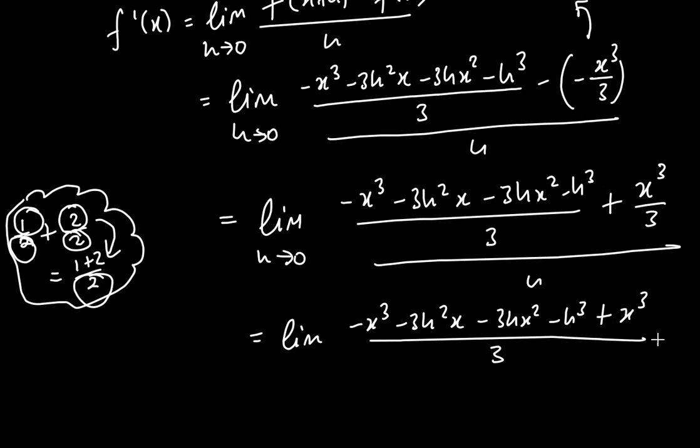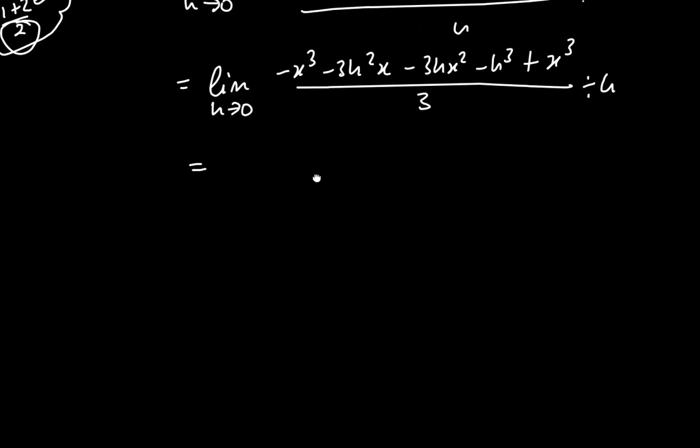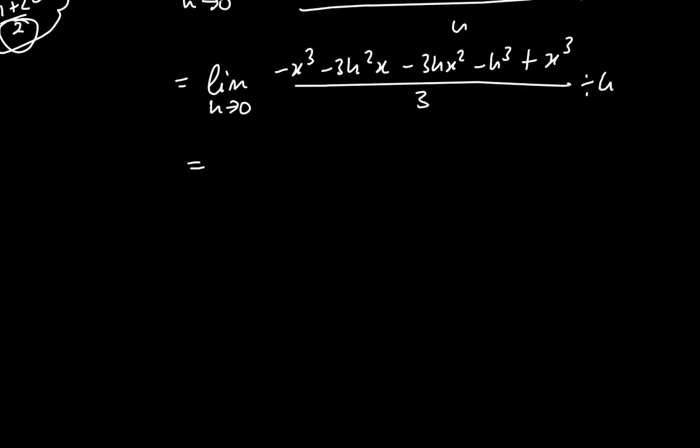Then all of this, remember, is divided by h as h approaches 0. At that point, I'm no longer going to write the long division sign. Now what do we do when we are here? As you can see, this one is going to cancel that one. They are the same thing, just with different signs.